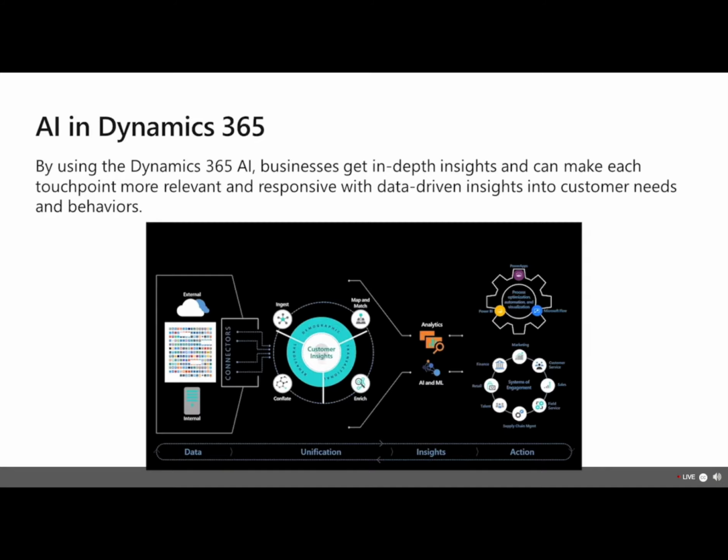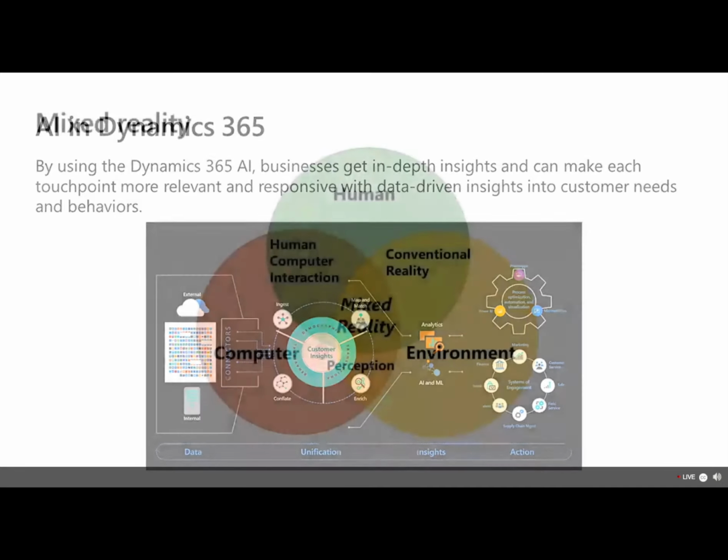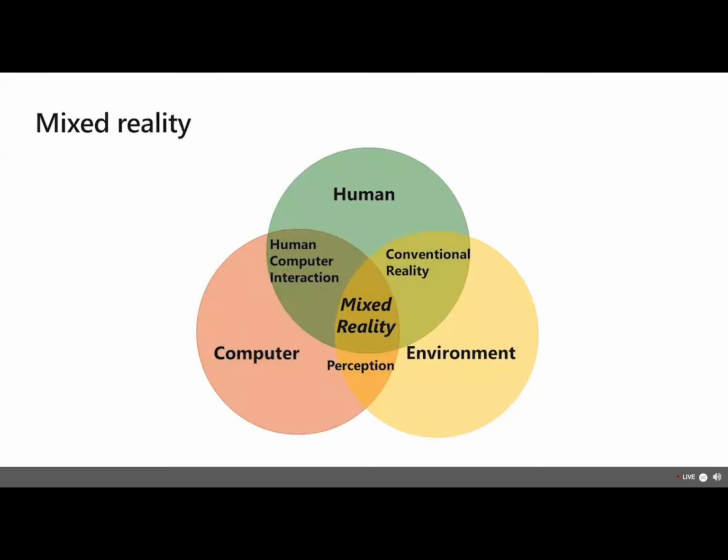And as we look at artificial intelligence in Dynamics 365, we start to explore what we call mixed reality. And mixed reality is the result of blending the physical world with the digital world. And this is really the next evolution in human, computer, and environmental interaction. And what I think is really cool about this is it starts to unlock possibilities that before were just in our imaginations.